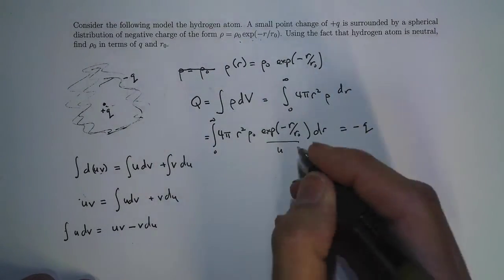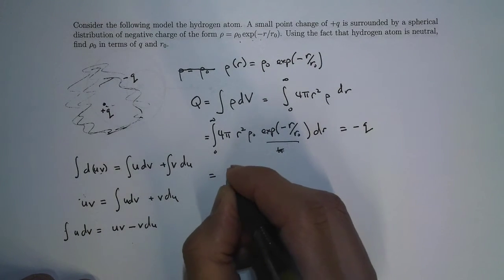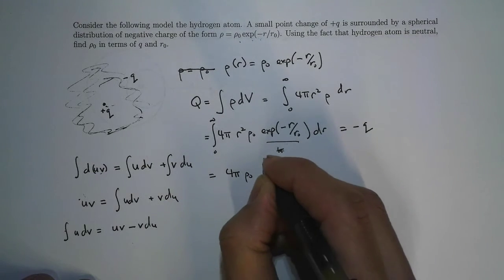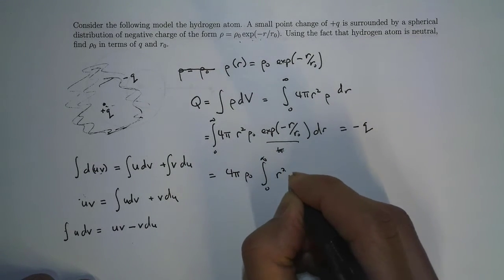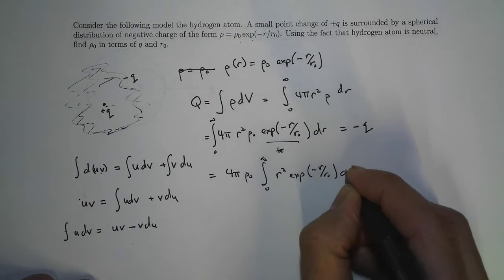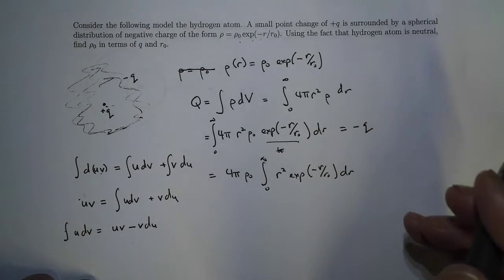So let's bring out all the constants first to clean up a little bit. So this is going to be equal to 4 pi rho 0 integral 0 to infinity r squared exponent to minus r over r0 dr. Okay, so now which one is u and which one is v?